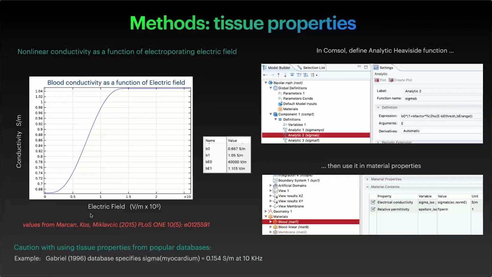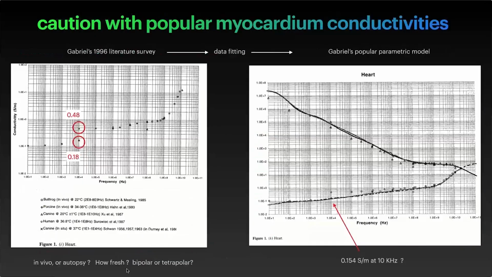And then the other thing you have to be careful with tissue properties is not to go to popular databases and just choose the value that's there. It's always good to take some time and investigate where those values came from.